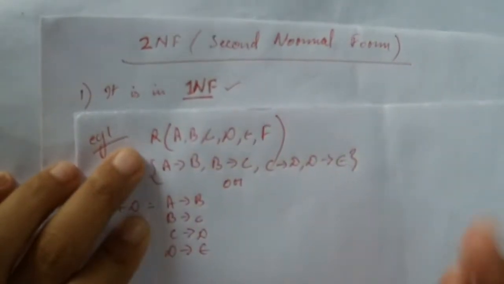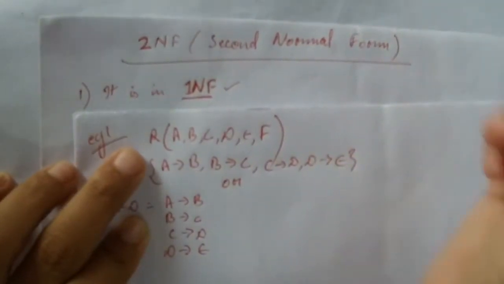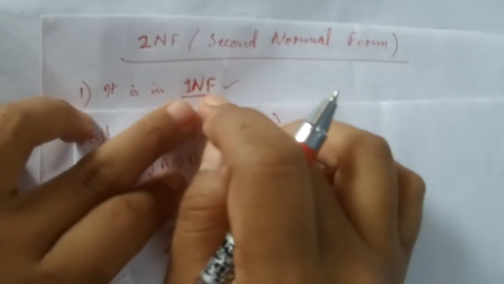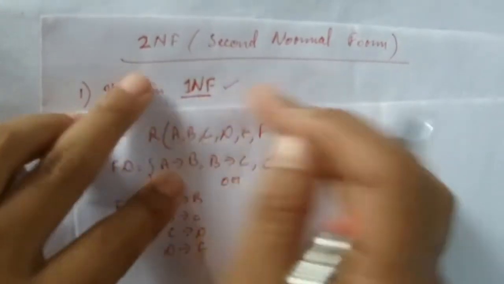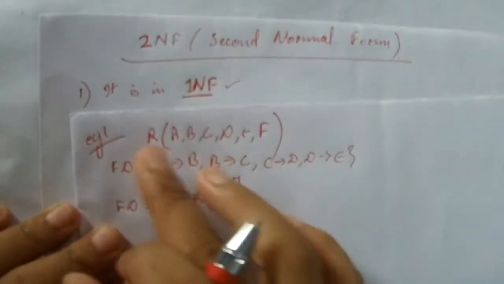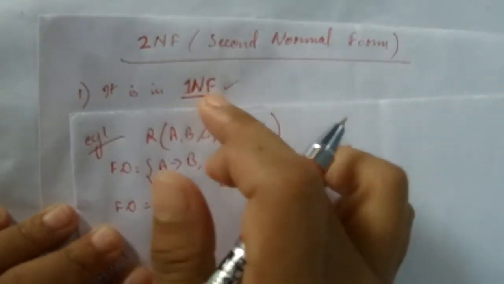How to convert it, we have already learned in that first normal form lecture, and solved some questions there. If anybody has skipped that video, go through it once and then try to solve this one, or else you won't understand. So by default this relation is already in first normal form.